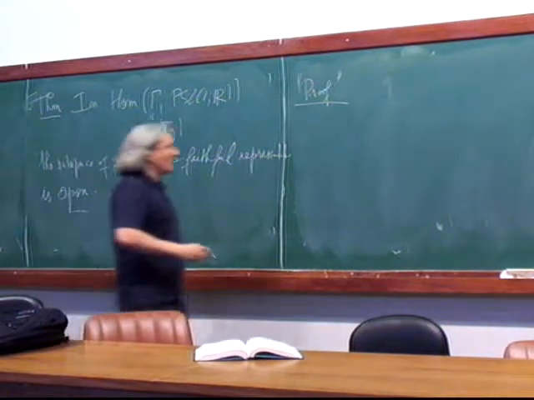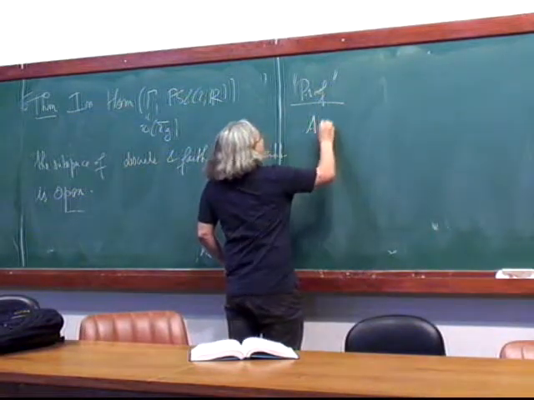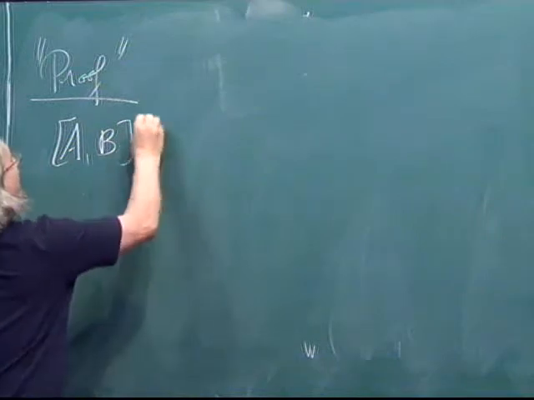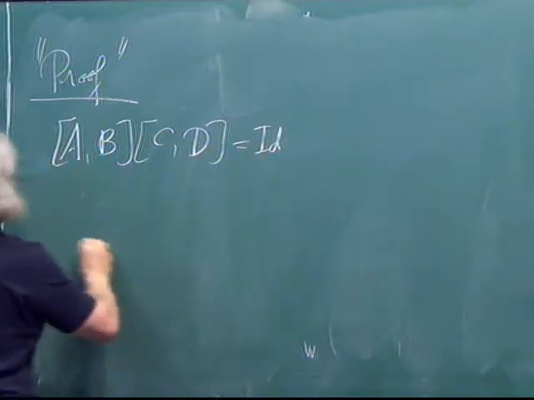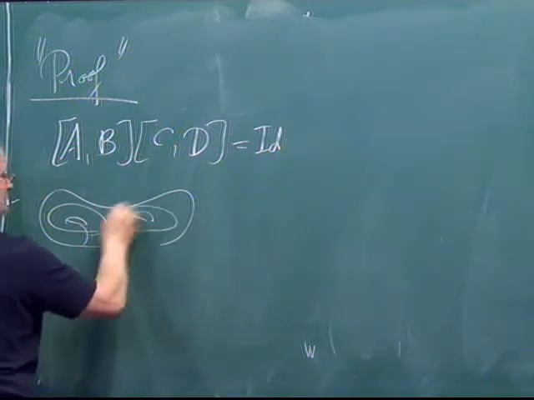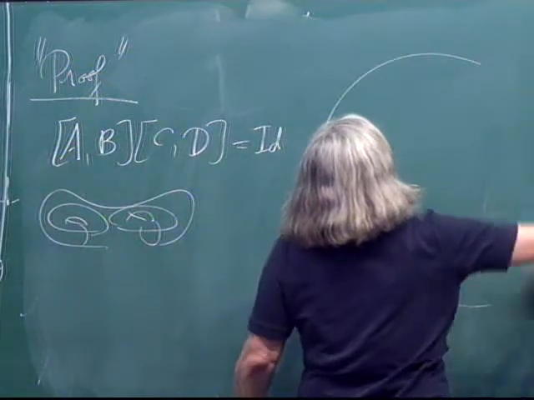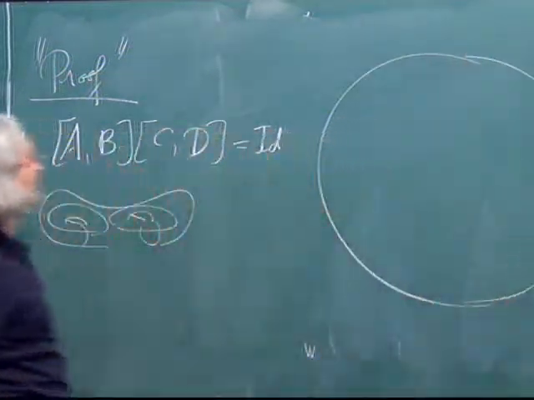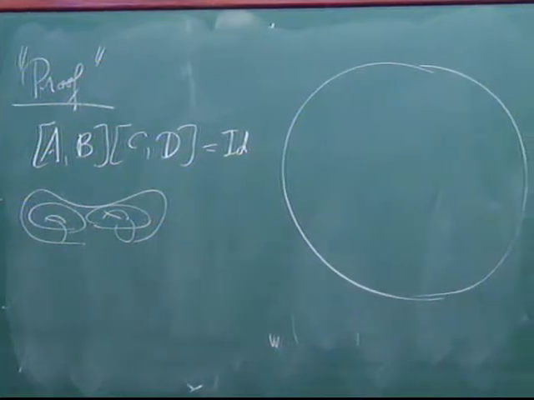Well, suppose you have, let's say, genus 2. So you have ABCD equal to identity. Suppose you have a representation of this group on the Poincaré disk, which is discrete and faithful.